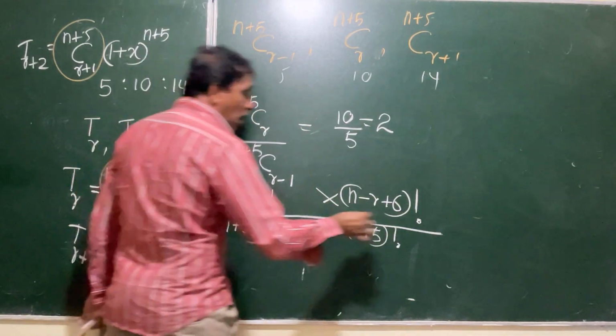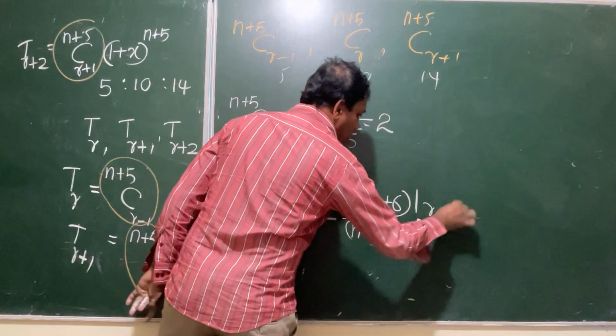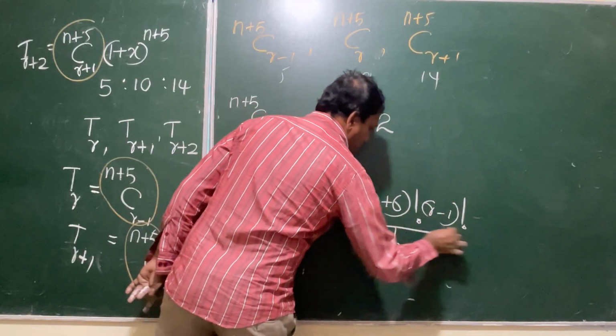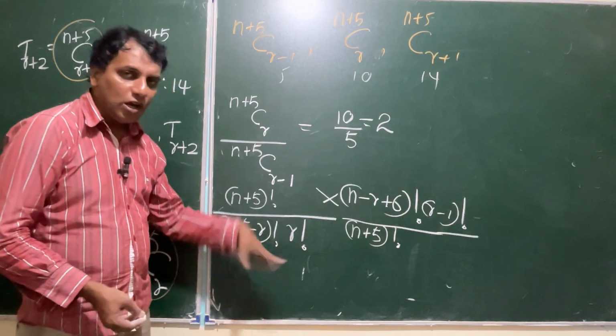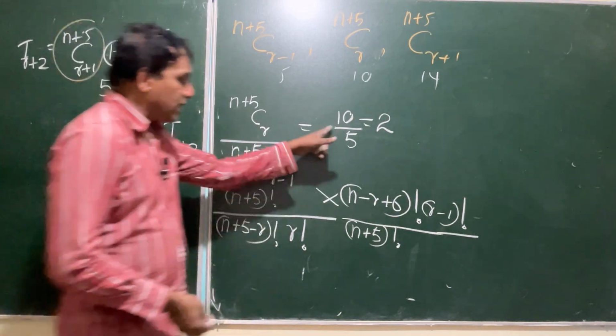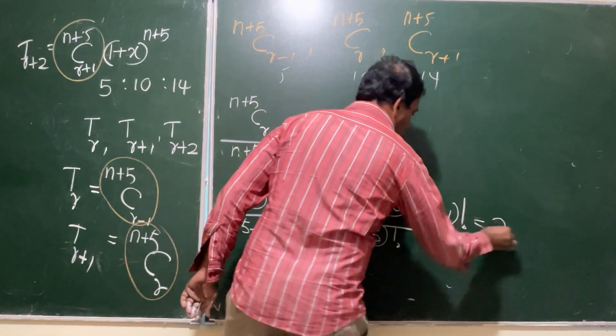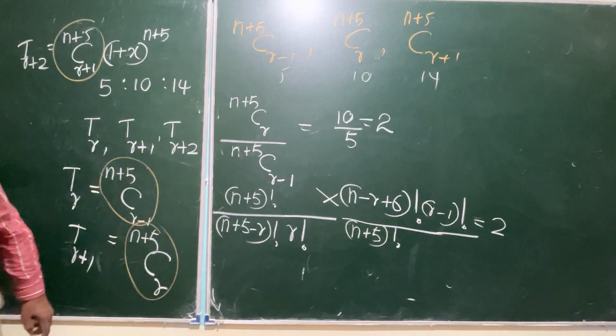Factorial, and (r minus 1) factorial, right? So properly complete this part. It's a very important part. If you misuse it, the answer is a problem. The other side answer is 2, right? Try to simplify further here.